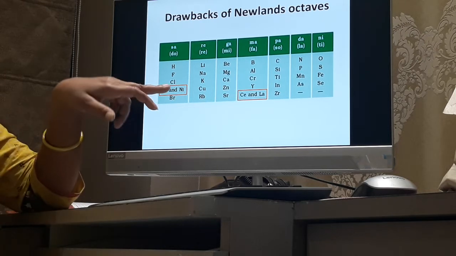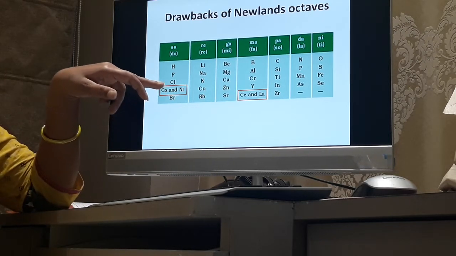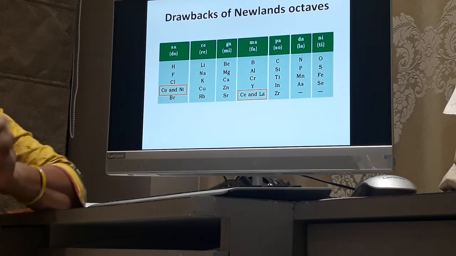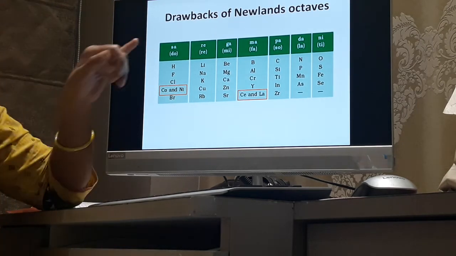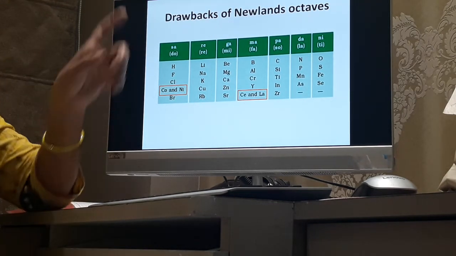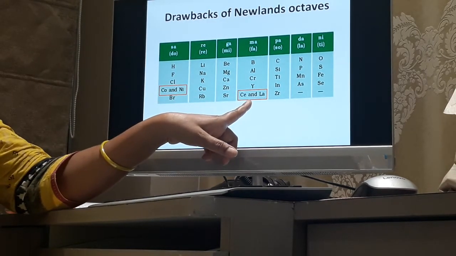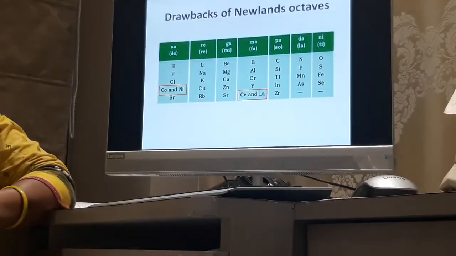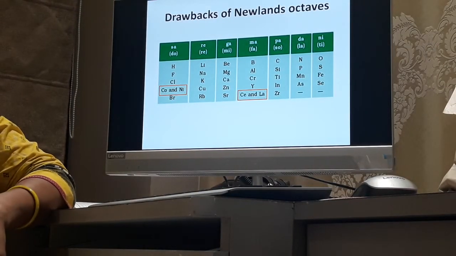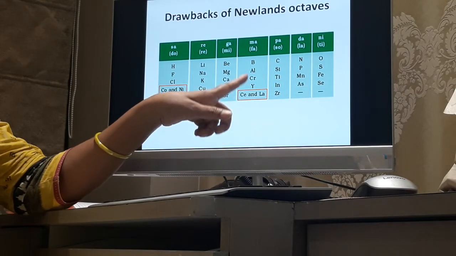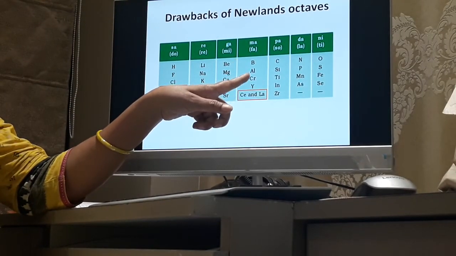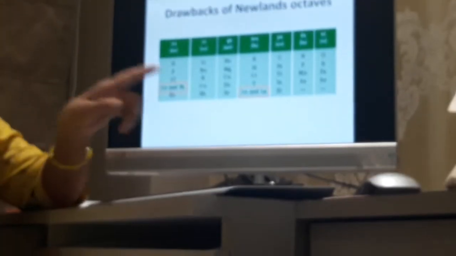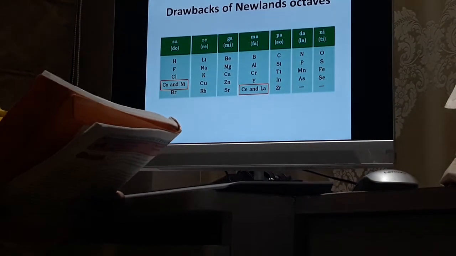So this is the drawback of Newlands' octaves. That is, here, even if it is the 8th element, they do not show properties similar to the halogens. If you see the other group also, the one which is highlighted here, selenium and the lanthanide, again we have 2 elements occupying the same place, and their properties are not similar to the others found in the same group, that is boron, aluminium, etc. So this is the drawback of Newlands' octaves.